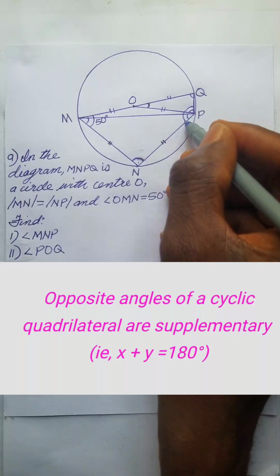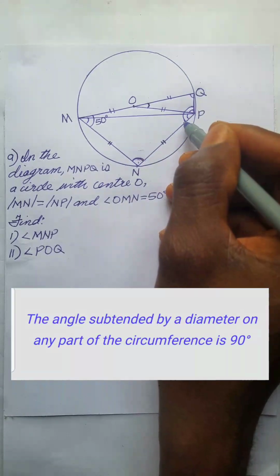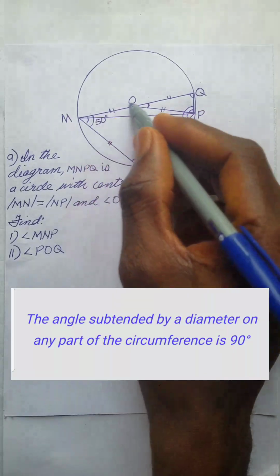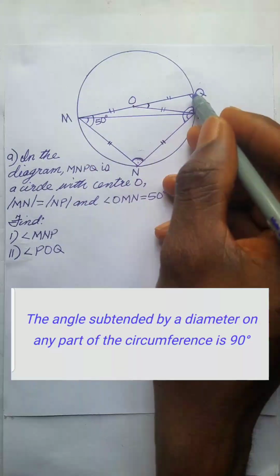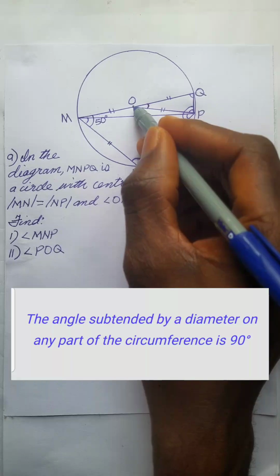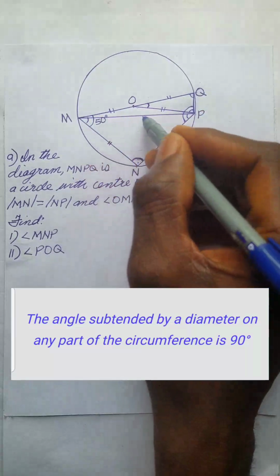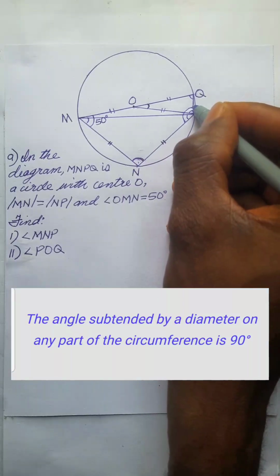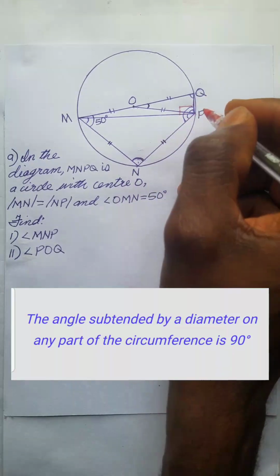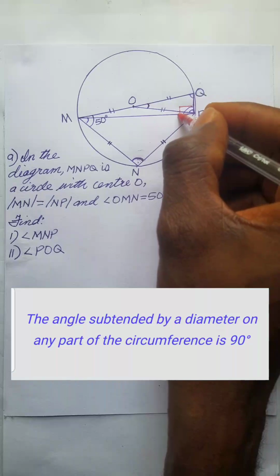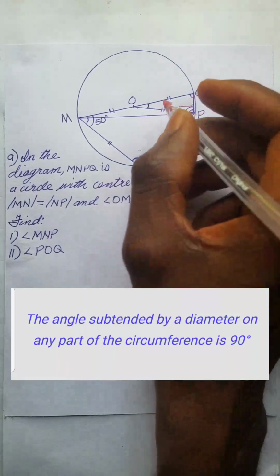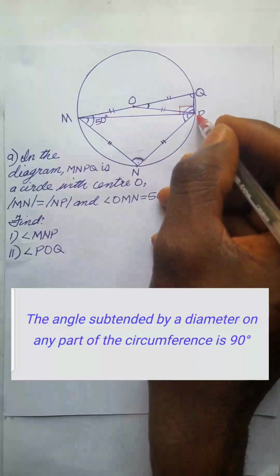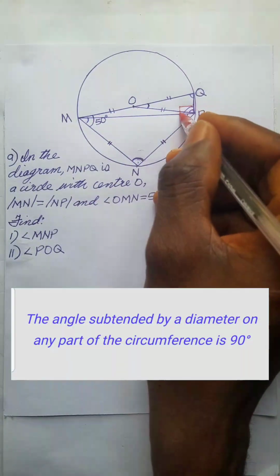So that's where we are going to begin our work, so that we can get this angle. And once I have this angle, there's another theorem that says that the angle subtended by a diameter... this is a diameter, because it's passing through the center O. The angle subtended at the circumference by a diameter is 90. Meaning this entire place is 90. If I get this entire place using supplementary angles, I can know this entire place and I know this 90.